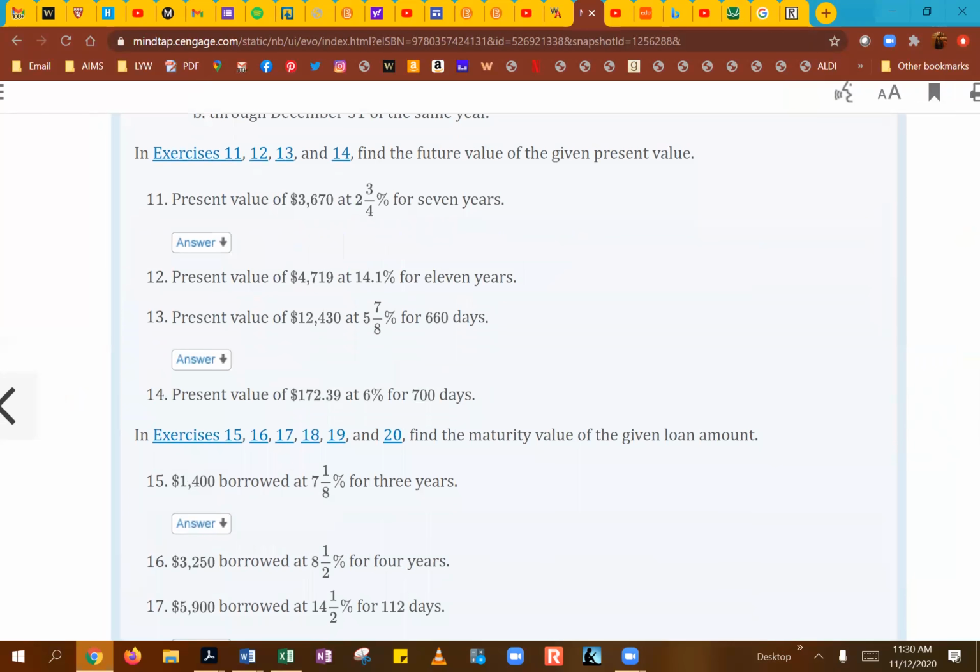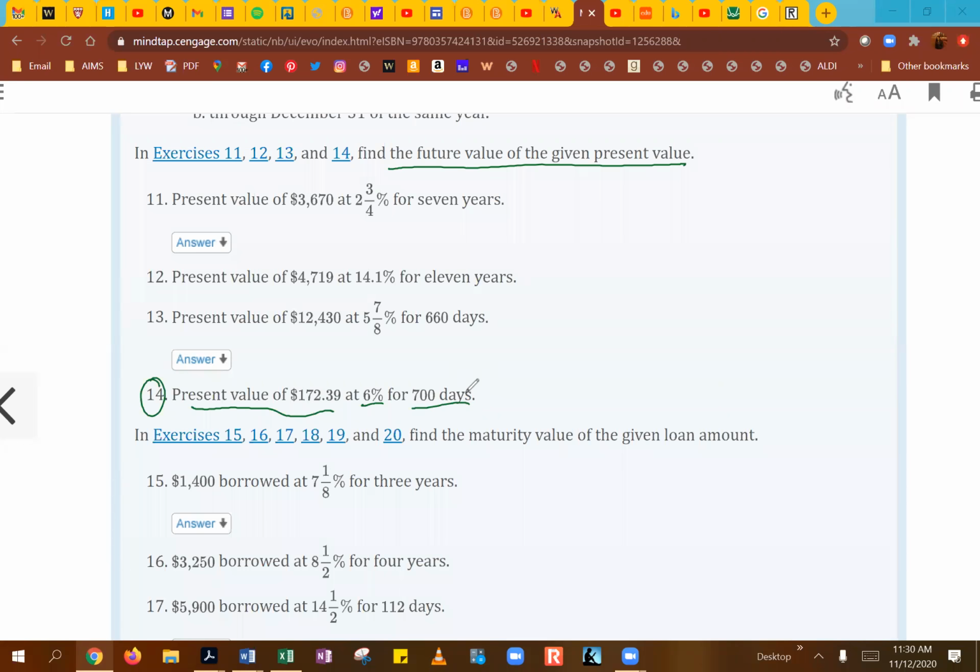Okay, let's do another quick example over here. They're asking us to find the future value for the given present value. And let's look at number 14 over here. So we've got a present value of $172.39, 6% interest, and we're doing this for 700 days.